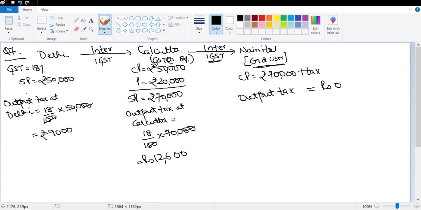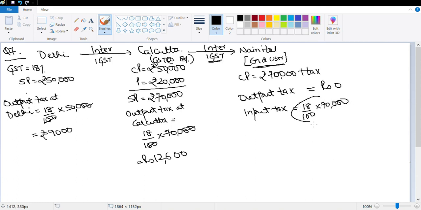Perfect. Now let's take a couple more minutes and let's calculate input tax as well to understand such a question. The input tax is not asked, but let's understand. So input tax for him will be calculated at the cost price, which is 18 upon 100 into 70,000.